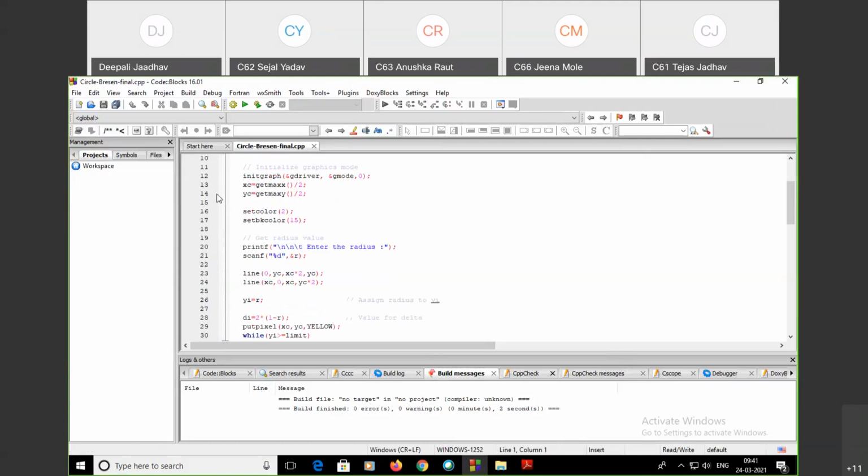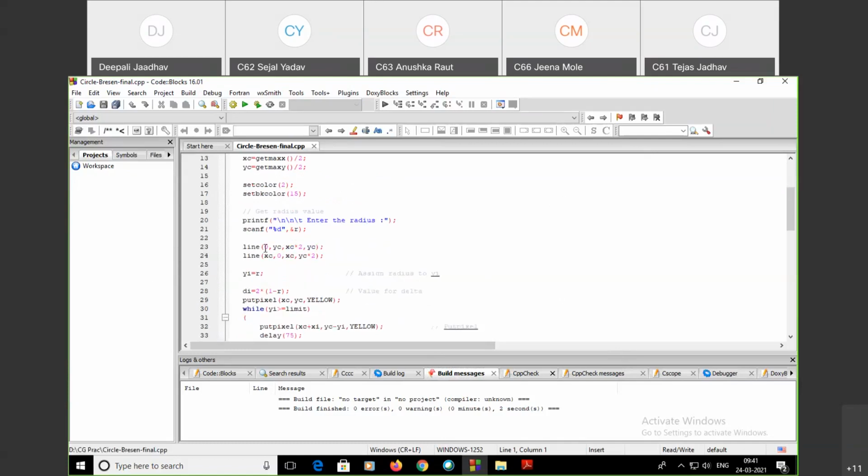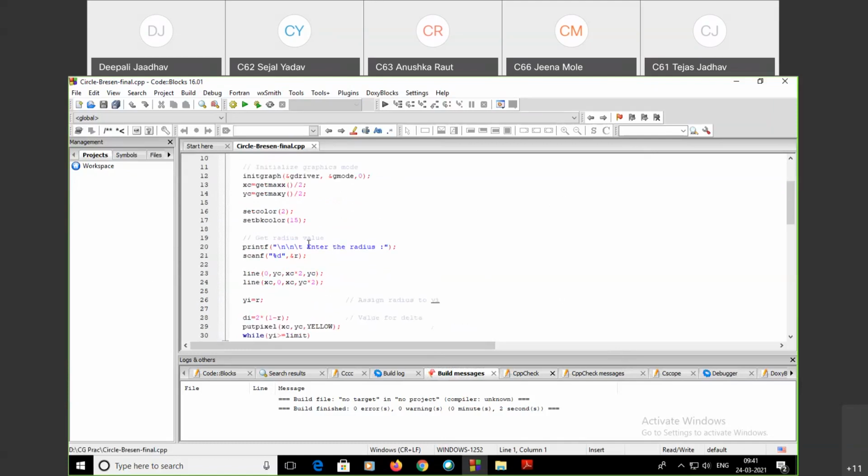Once that line is drawn, 0 to get max x by 2, y by 2, then using these two lines, horizontal and vertical, we can draw, and you have already drawn that in the previous practicals of 2D and 3D. So using that, first draw the horizontal and vertical line.